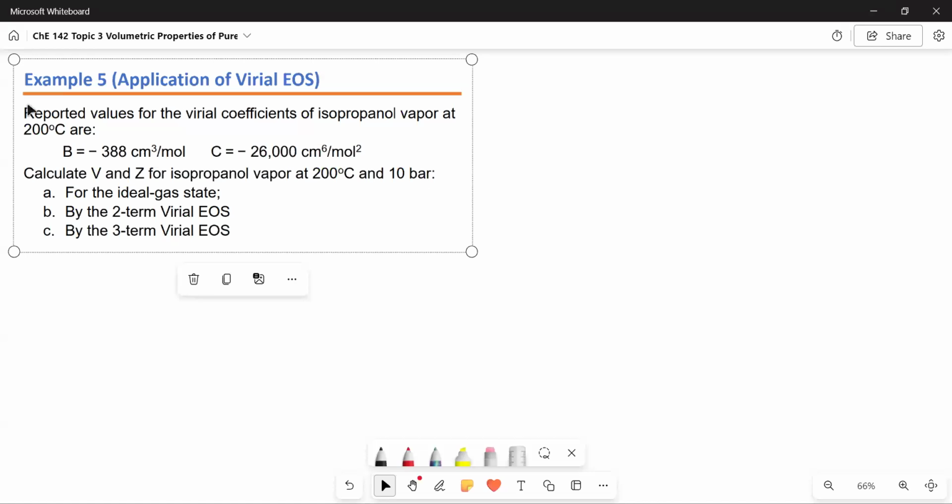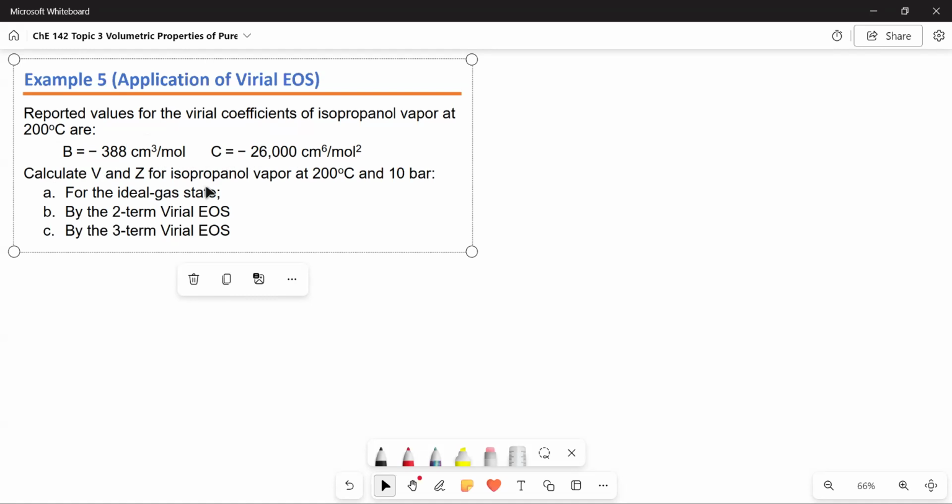For example 5, reported values for the virial coefficients of isopropanol vapor at 200 degrees Celsius are these values. So we have B and C. Notice that they are negative, and the unit is cm cubed per mole.